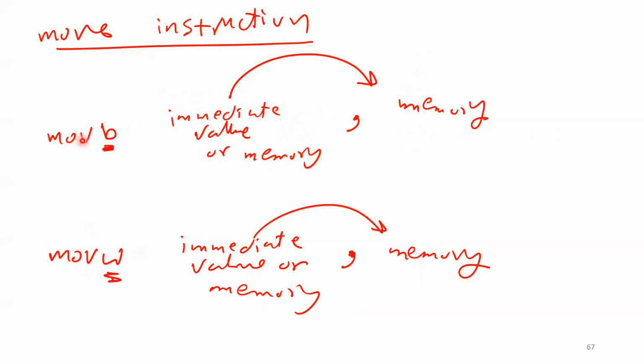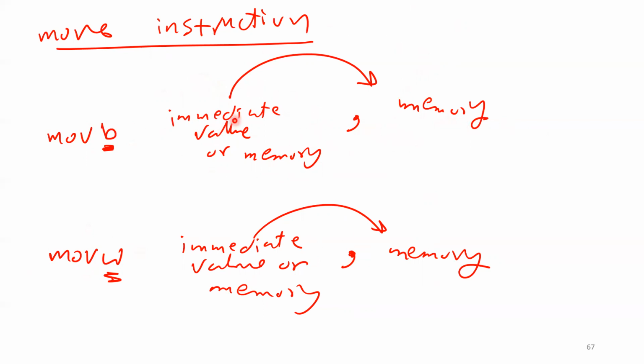There must be 2 operands here, not 1. You copy the first operand to the second. So this is the source, this is the destination.